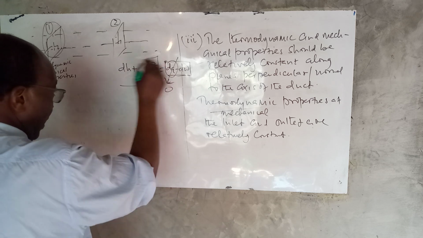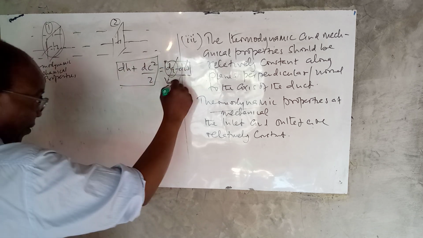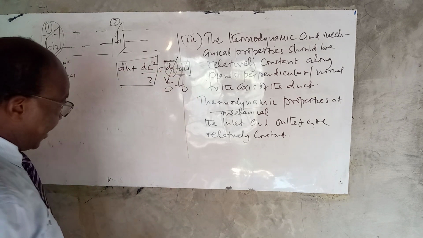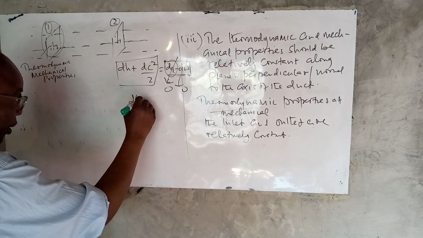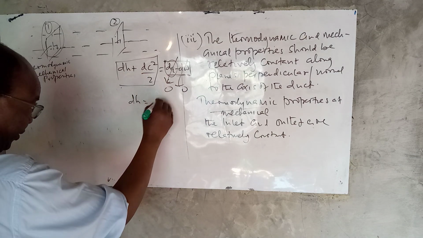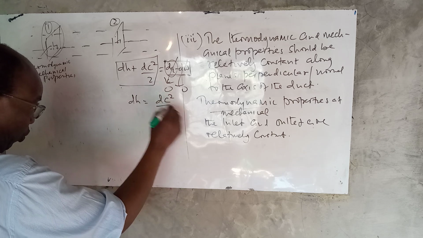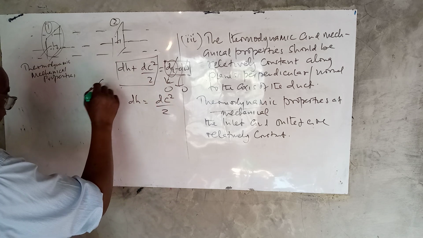So what are we saying? We are saying that if these two quantities, work and heat, are zero, then dh is equal to minus d(c squared over 2), where remember c is velocity.